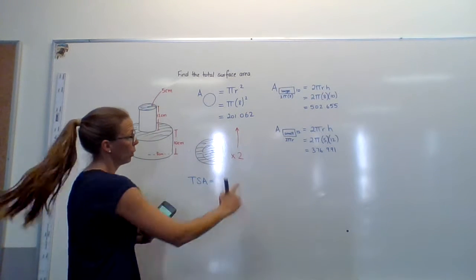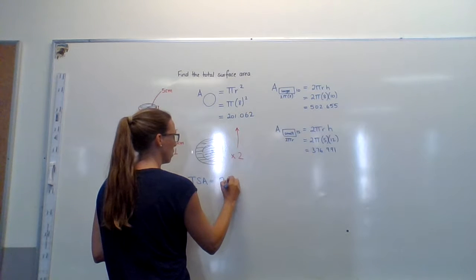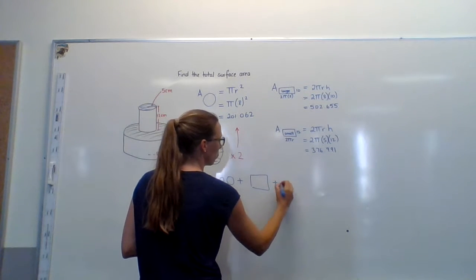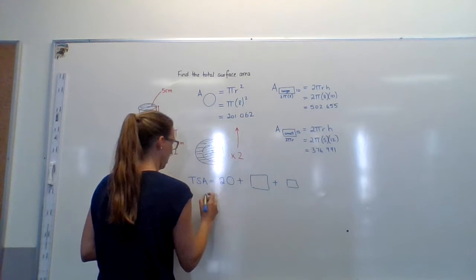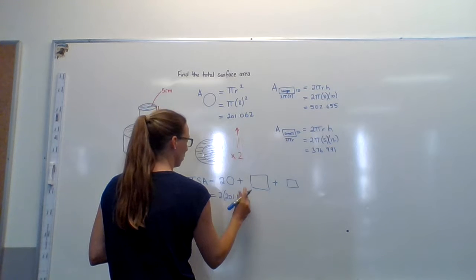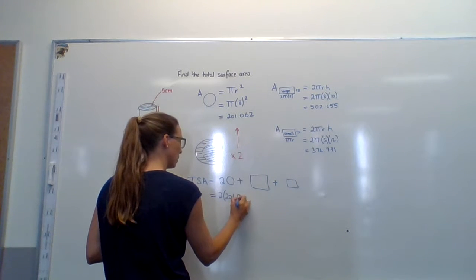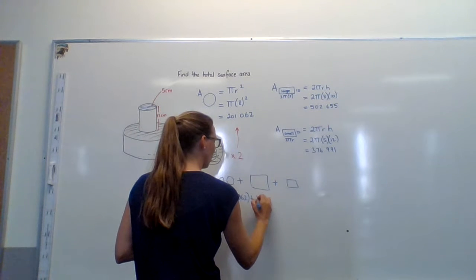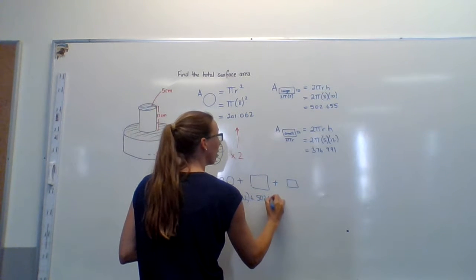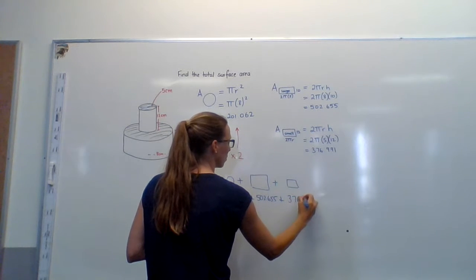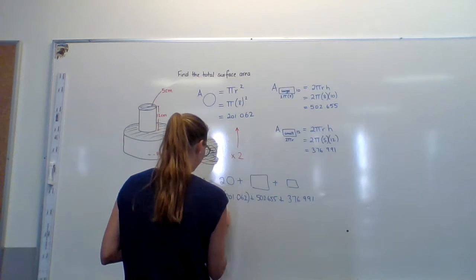So I've now calculated all the faces, so my total surface area is equal to 2 lots of the circle plus 1 lot of the large plus 1 lot of the small, and altogether I get 2 lots of 201.062 plus 502.655 plus 376.991.